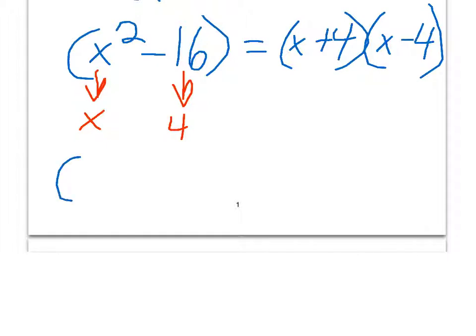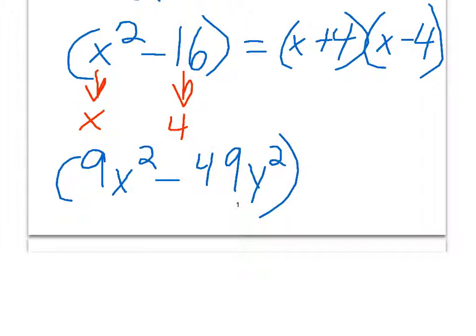Alright, let's try one that's got a more significant number issue here. Let's say that we've got 9x squared minus 49y squared. Okay, well we've got two variables. The 9x squared's square root is 3x, and the 49y squared's is 7y.